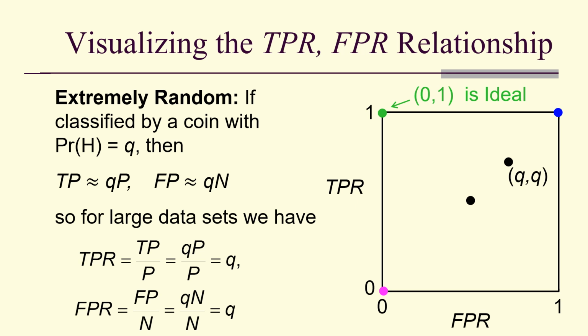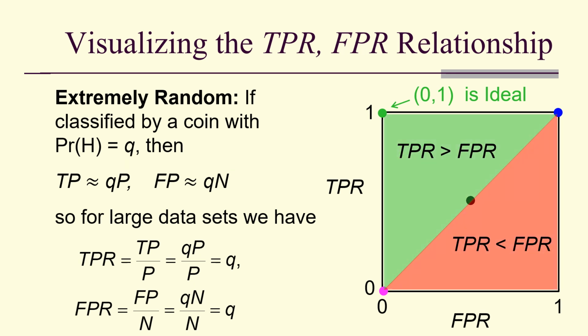And that means we have this point (q, q), for example, if q is a fourth, or if q is 0.9. Notice these form a line between the two corners of this unit square. And anything on that line we say is a random classifier.